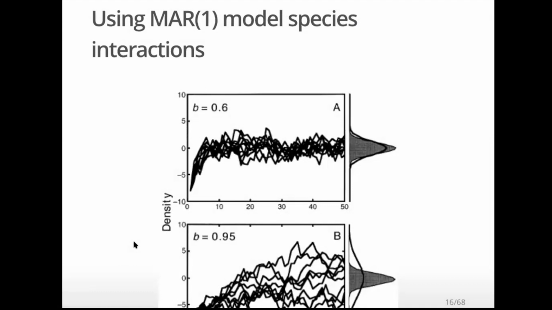All right, so now we're going to switch gears a bit and get more ecological. And we're going to talk about a way that these MAR models, multivariate autoregressive lag-1 models, have been used in studies of communities. In particular, it's been used a lot to understand the dynamics of plankton communities.